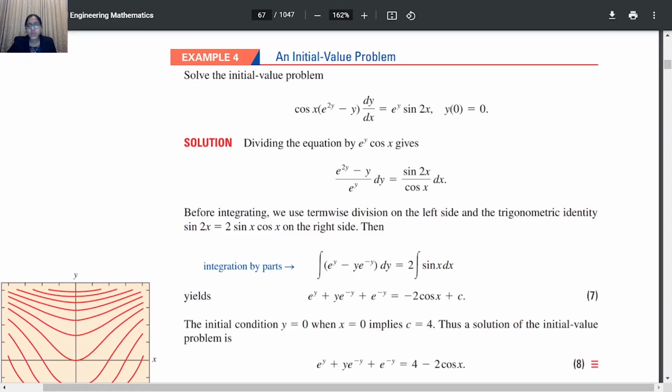So our required solution, corresponding to this initial value, is e raised to y plus y into e raised to minus y plus e raised to minus y is equal to, instead of c we have 4, 4 minus 2 cos x. So this is our method of solving initial value problems.